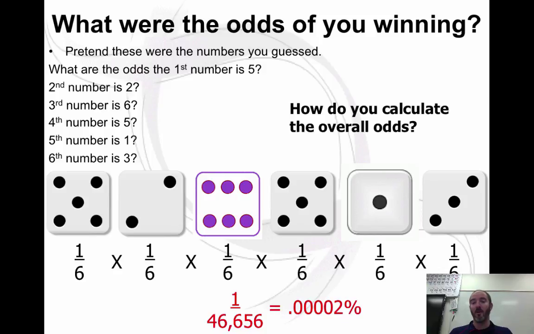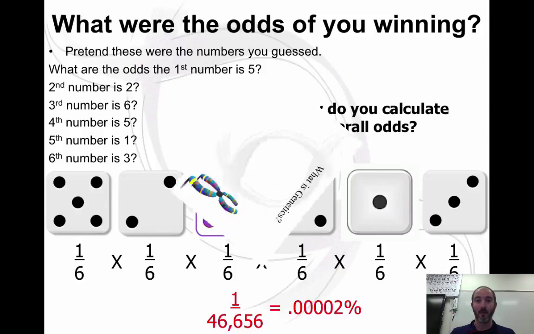And so this would be a 0.0002% chance of you actually selecting these numbers, right? So the idea is that in genetics, we're going to look at probability. The probability is that the traits or the phenotypes that we see are a result of the genotypes being passed on, and so what are the odds of obtaining those genotypes?